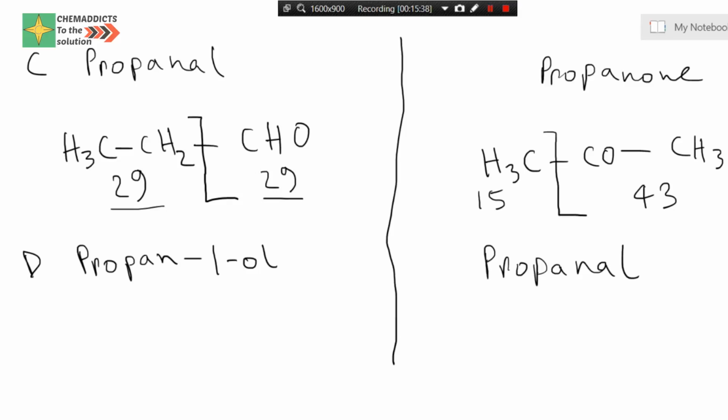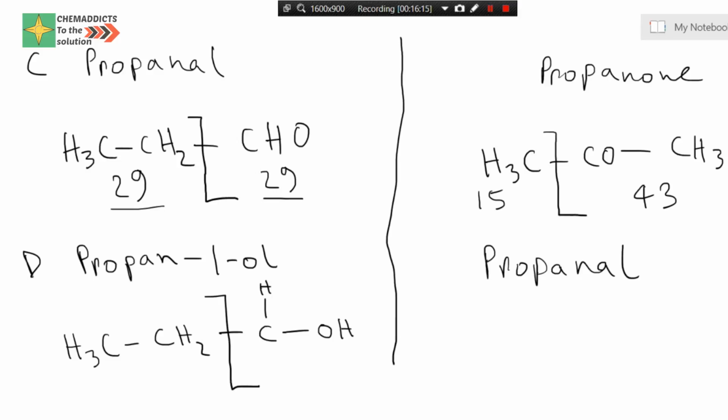Previously we have done the fragmentation of propan-1-ol. At first let us draw the structural formula of propan-1-ol, H3C CH2, then this is COH and this should be H. Now let's break this molecule just like this.